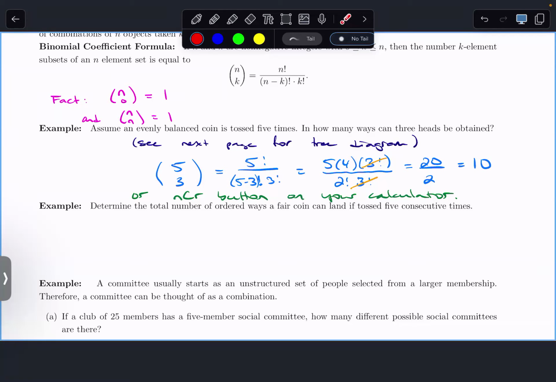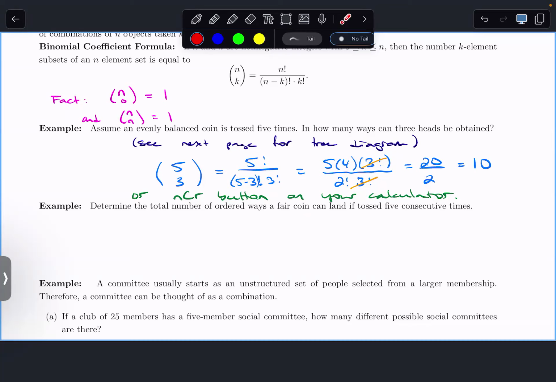What if we had to determine the total number of ordered ways a fair coin can land if tossed 5 consecutive times? So just all the possibilities, right? And so, well, what are my options?